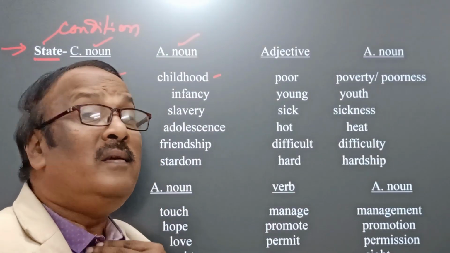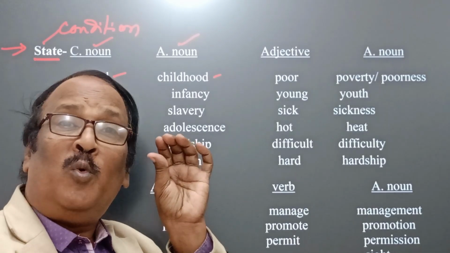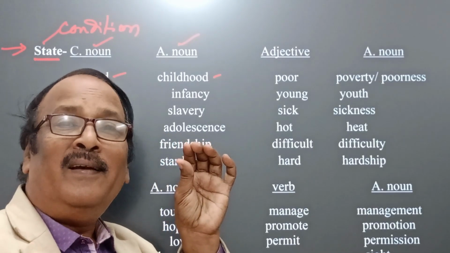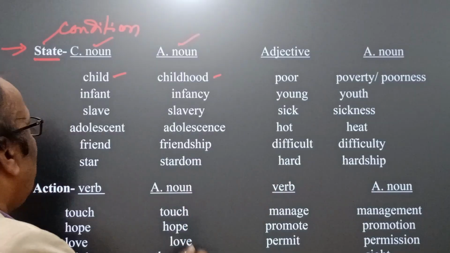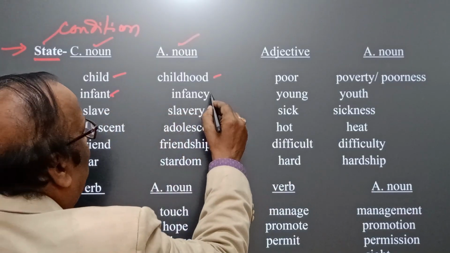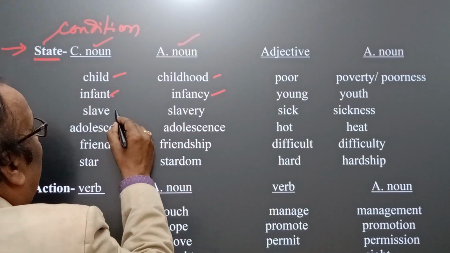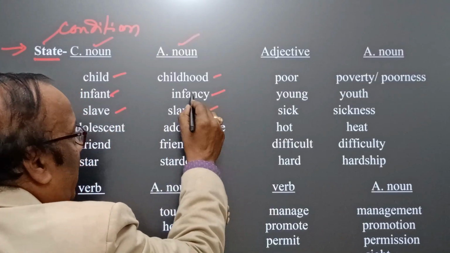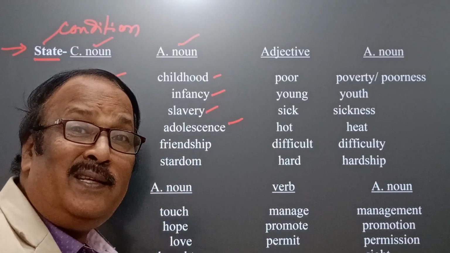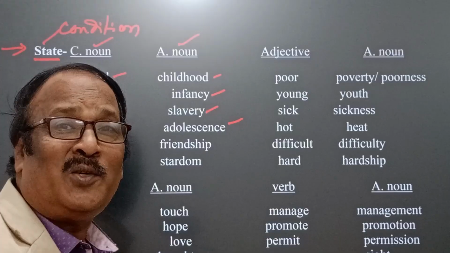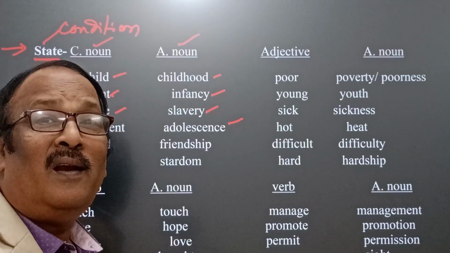Childhood is the most important stage which we have already enjoyed. Similarly, infancy, slavery, adolescence. Adolescence is a very critical stage of human life.